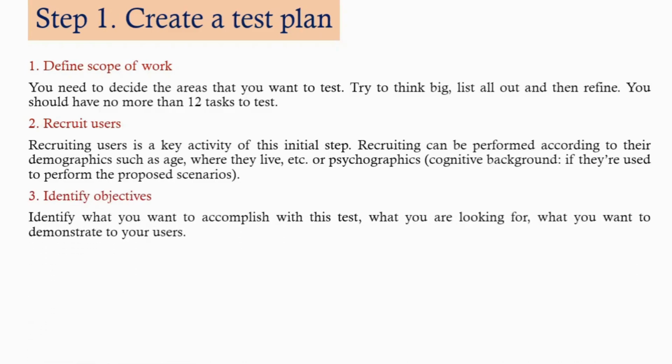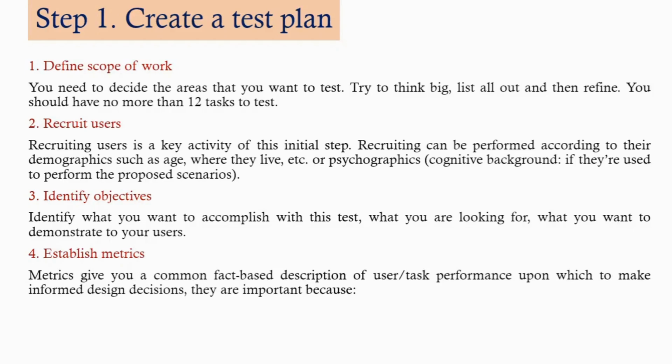Now come to the third step, and what is that? Identify the objective. You are performing a usability test, so your objective must be clear: what you want to achieve or accomplish with this test, what you are looking for, or what you want to demonstrate to the user. This should be clear. Then comes the fourth step, and that is to establish metrics.